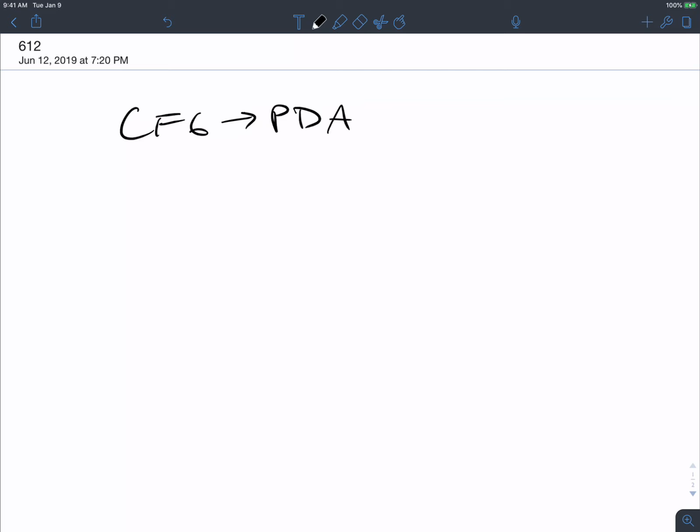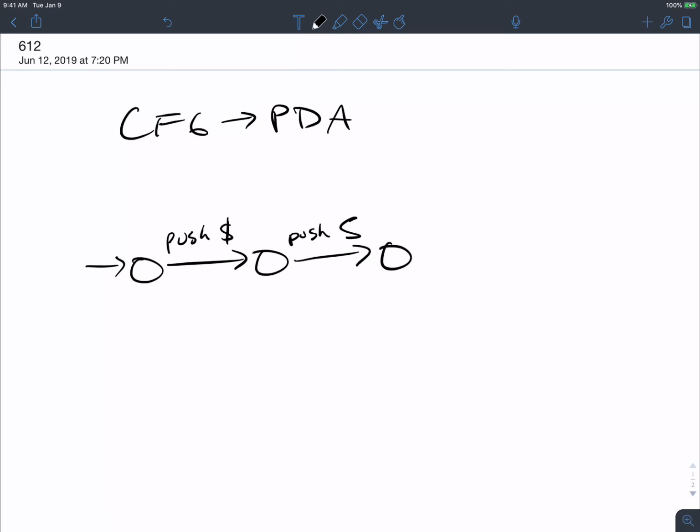To get the idea, we built a machine that had a state, and then we pushed on the dollar sign or a special character. It doesn't really matter what it is. Then we pushed the start symbol on. Then we had two types of transitions. We had ones that just did a simple self loop where we read and pop the same character.